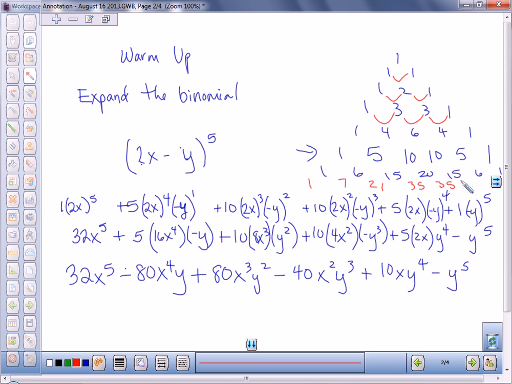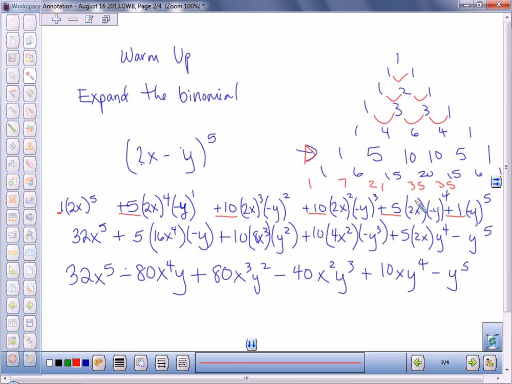All right, so this one was the fifth row, so that's what I needed. First thing I do is I write down the 1, the 5, the 10, the 10, the 5, and the 1. And then I take the entire first term to the fifth power, the second term to the 0. The entire first term to the fourth, the second to the first. First term to the third, second to the second. First term to the second, second to the third.